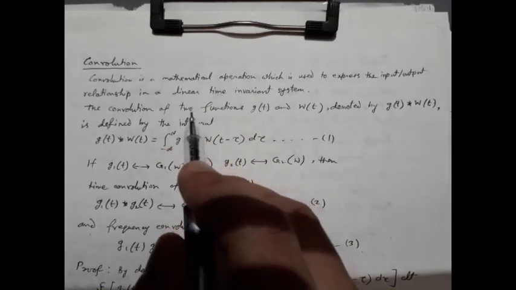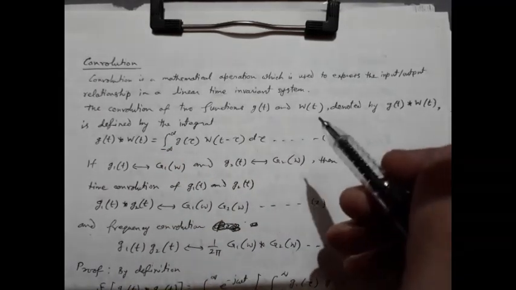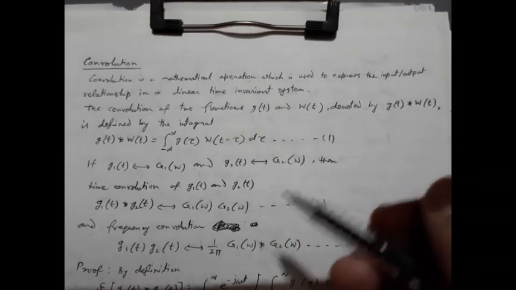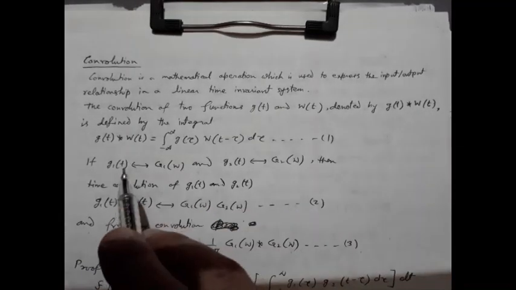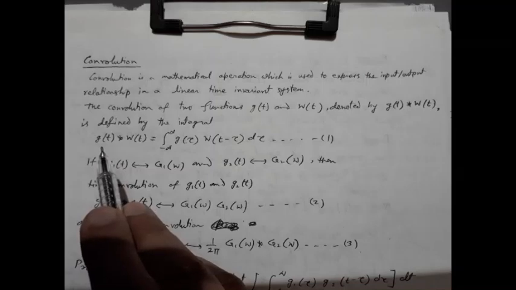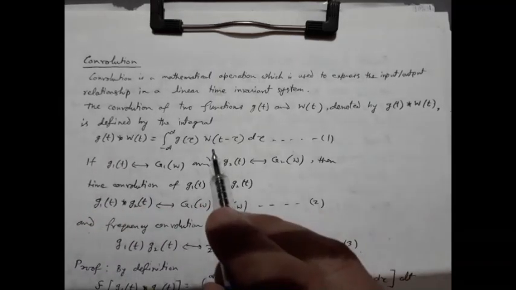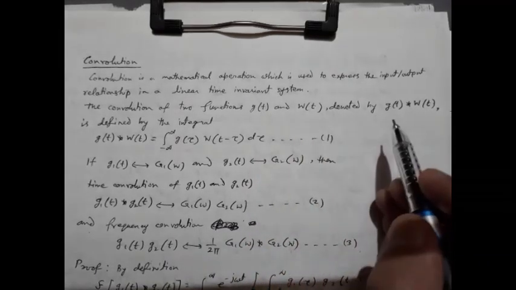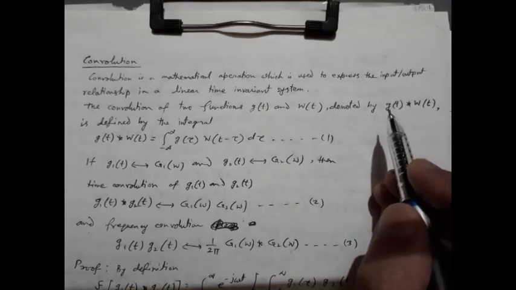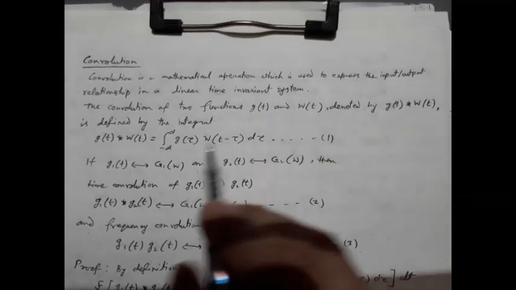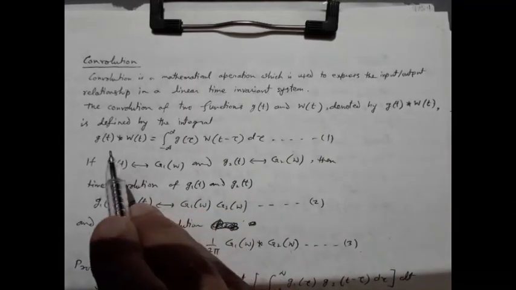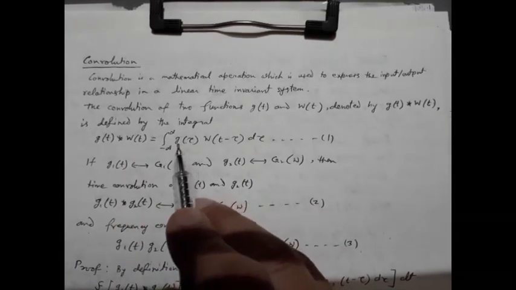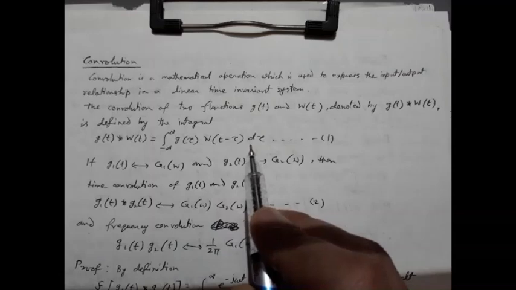Next is the convolution. The convolution process is used to determine the output from a system for a given input. So if we have two functions g t and w t, then the convolution is written as g t star w t, and the convolution integral is g t star w t equal to the integration from minus infinity to plus infinity of g tau w t minus tau d tau.